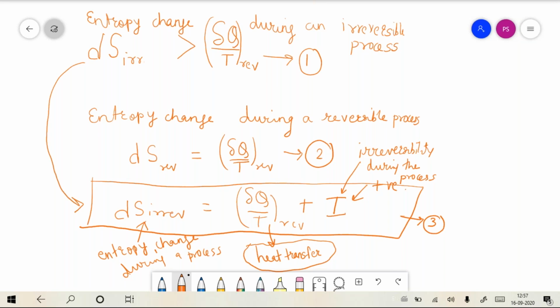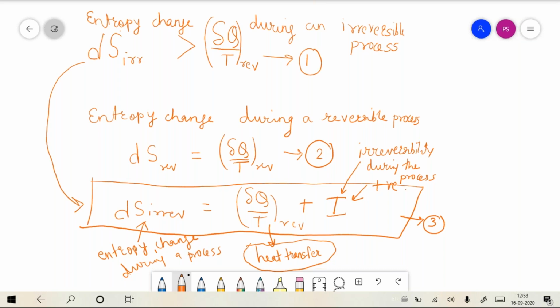If you look carefully, the entropy change in expression 1, given by equation 1, is more because of I, and this I is the irreversibility during the process.